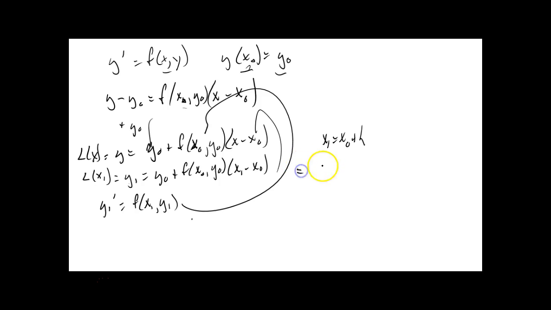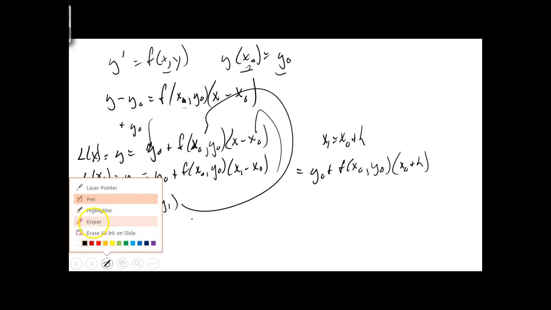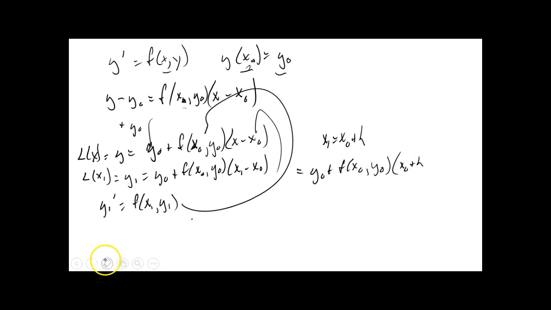Then this y1 will be y0 plus f of x0, y0 times (x0 plus h, don't close the parentheses too soon) minus x0. Well, the x0 minus x0 goes away.